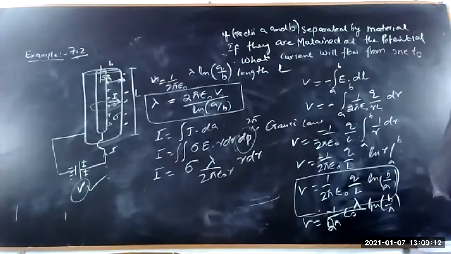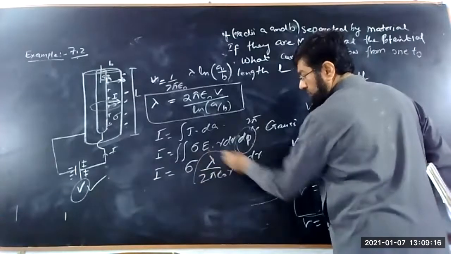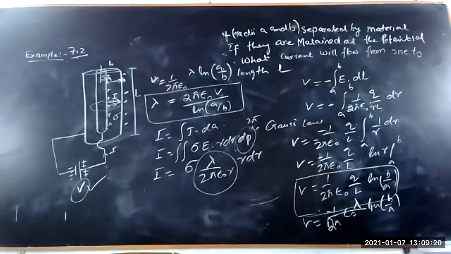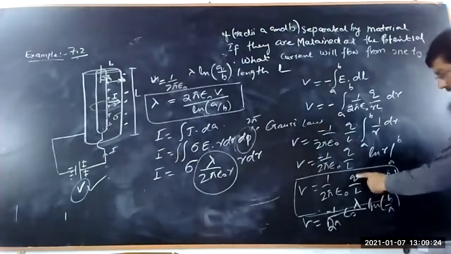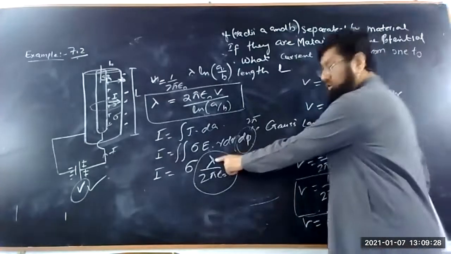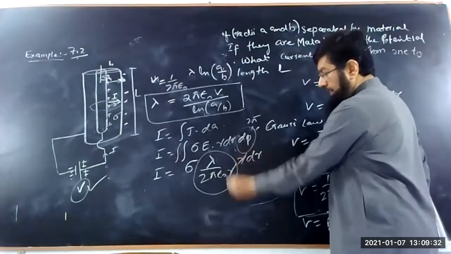So this is equal to sigma. I just substitute the value of E. E is equal to lambda upon 2 pi epsilon naught R, because this is Q upon L. So we have calculated E is equal to lambda upon 2 pi epsilon naught into R. So R is cancelled.